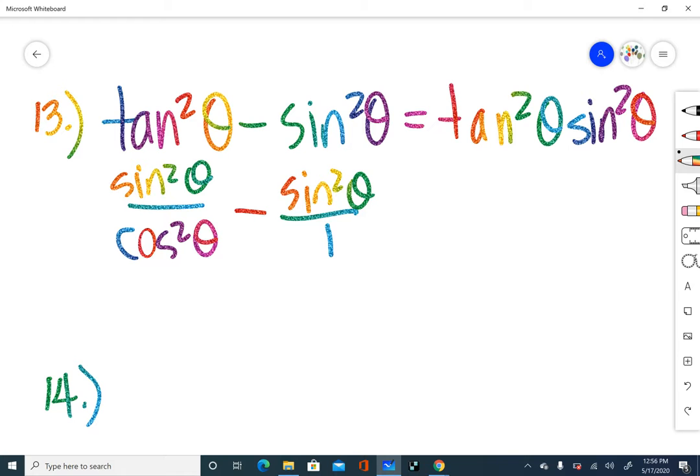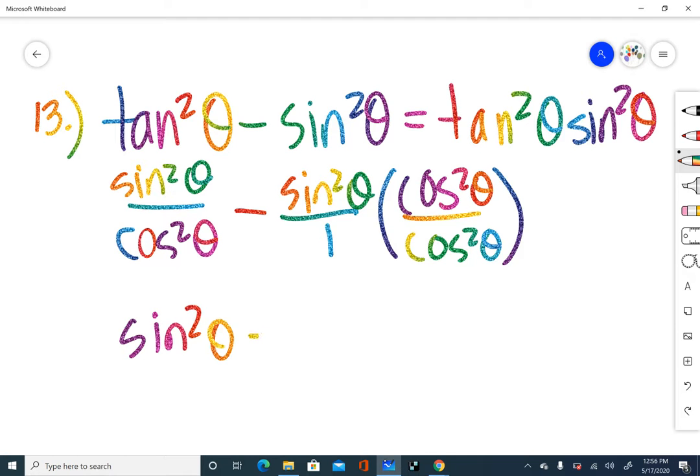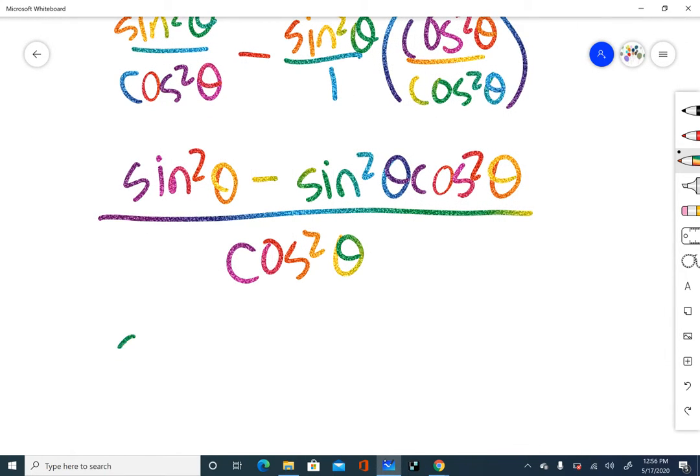Well, you need common denominators. So I'm going to multiply this by cosine squared theta. So now I have sine squared theta minus sine squared theta cosine squared theta all over cosine squared theta. I'm going to factor out a sine squared theta. So I have 1 minus cosine squared theta.